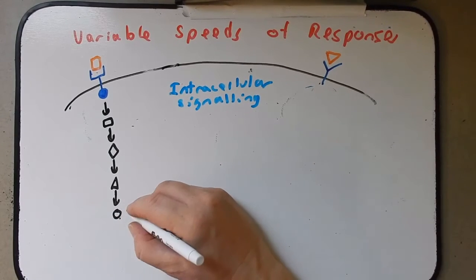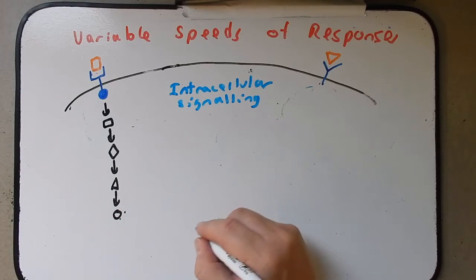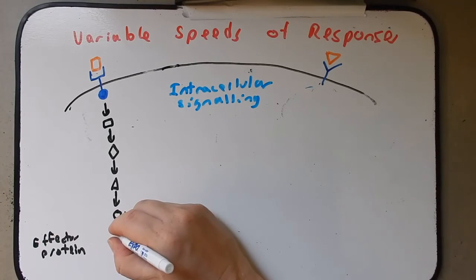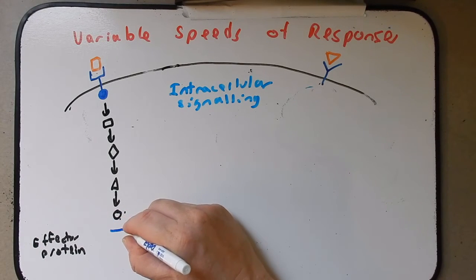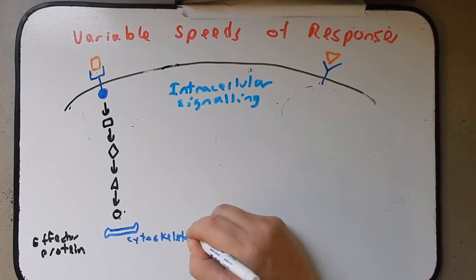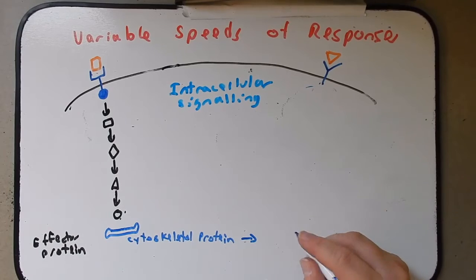But ultimately, at some point, this protein at the end of it will alter an effector protein.